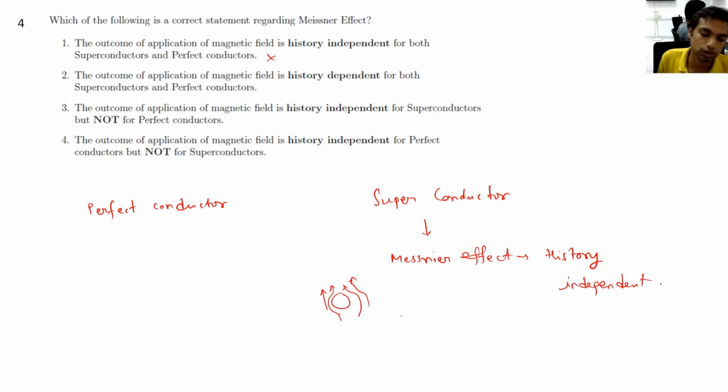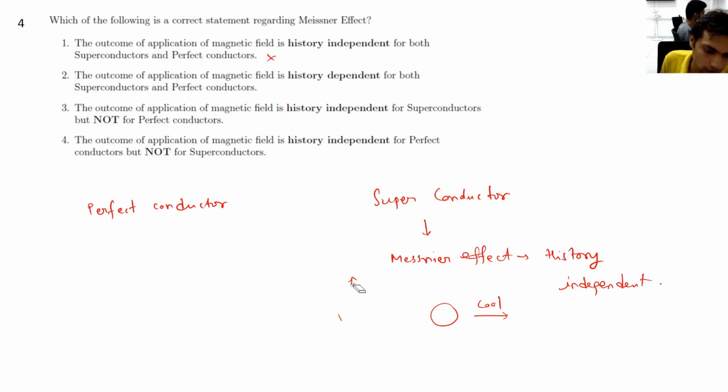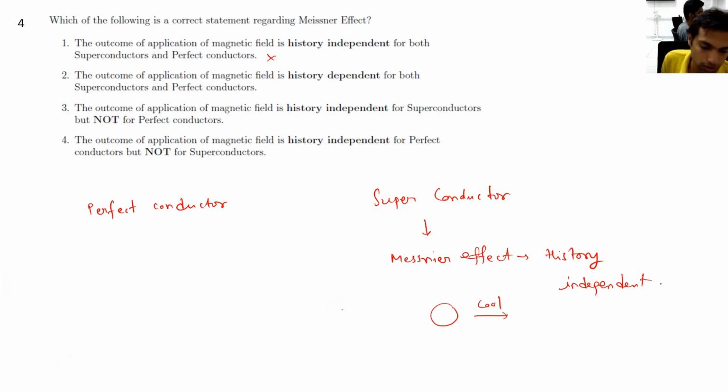The experiment is this: you apply the field, and then you cool it below the superconducting transition, so the temperature is less than Tc, and you will get this. The field will be expelled out.